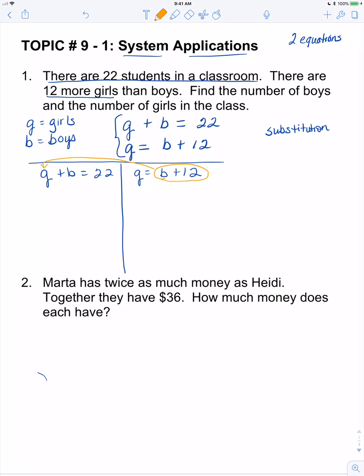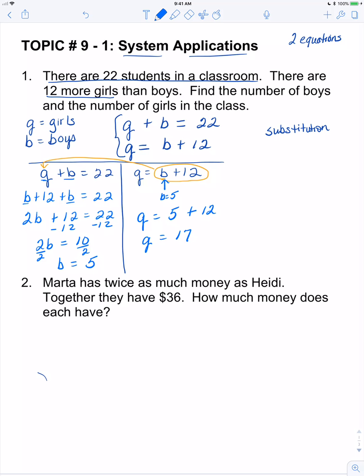So the number of boys is 10 divided by 2, which is 5. Now remember, once we know B is equal to 5, we can solve for the girls. B is 5 plus 12. So there are 17 girls in the classroom.